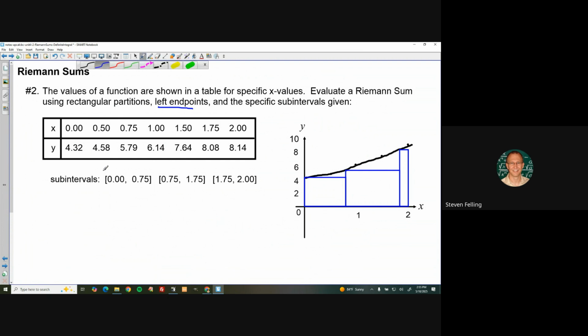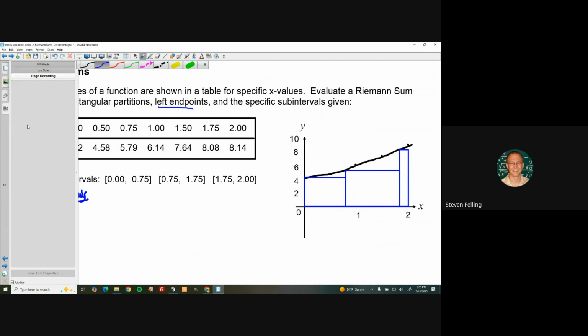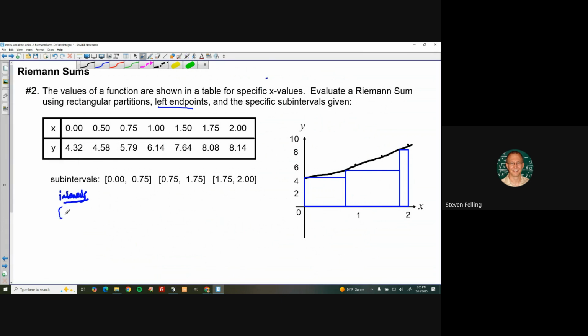They actually told me to just use these. So we're going to use those intervals, thankfully a smaller number of intervals. Okay, so we will go from 0 to 0.75, and then from 0.75 to 1.75, and then 1.75 to 2.0. So we're just using 3 rectangles as shown here.